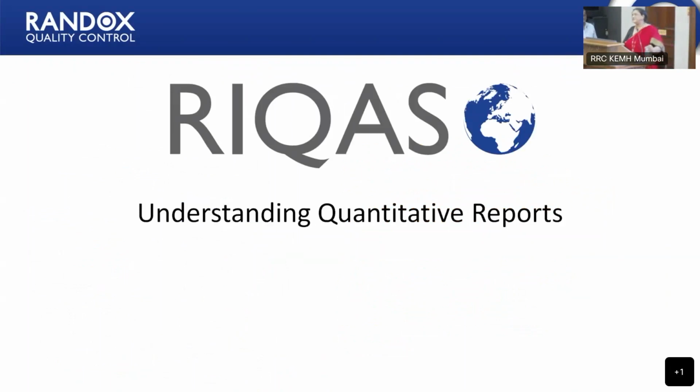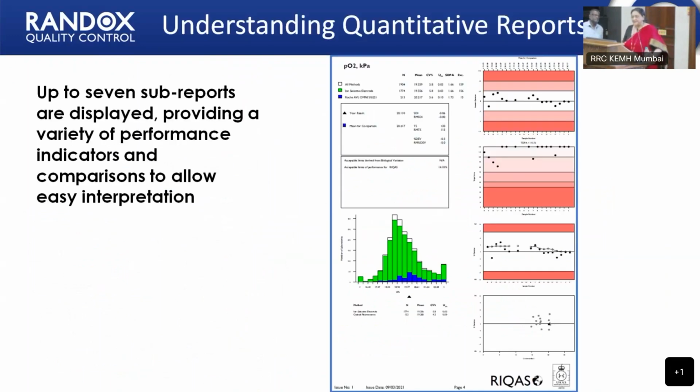We'll try to understand how the quantitative report of any EQA program should be evaluated. We from Red Dogs offer an external quality assessment program named EQAS, that is Red Dogs International Quality Assessment Scheme. In the EQAS report, there is an individual parameter page for each analyte.